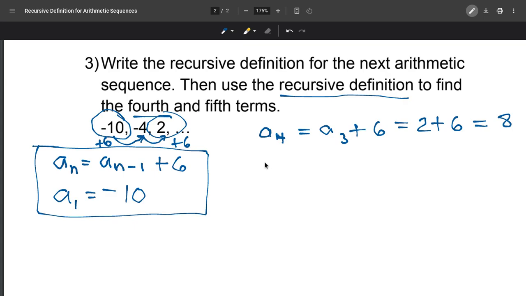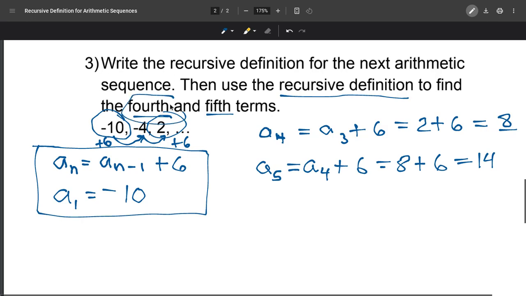Okay, a sub 5 equals a sub 4 plus 6. A sub 4 is 8, so it equals 8 plus 6, so that equals 14. All right, so 14 is the fifth term, 8 is the fourth term. All right, let's try one more.